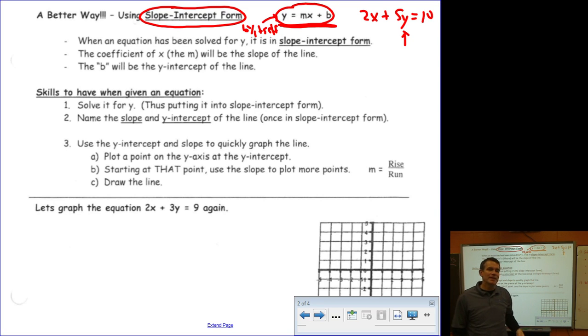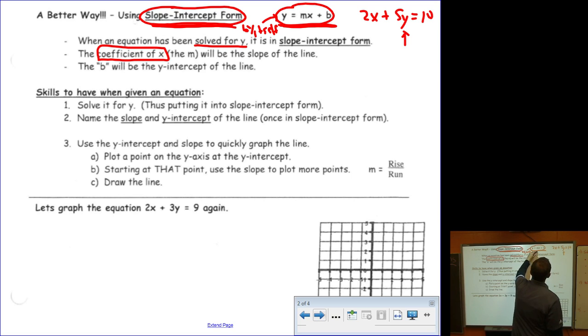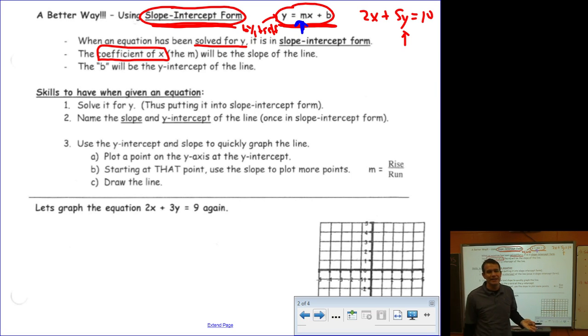Once the y is by itself in a linear equation, the equation is in what's called slope-intercept form. So let's see what it says here. When an equation has been solved for y, it is in slope-intercept form. The coefficient of x, that is the m, will be the slope of the line.